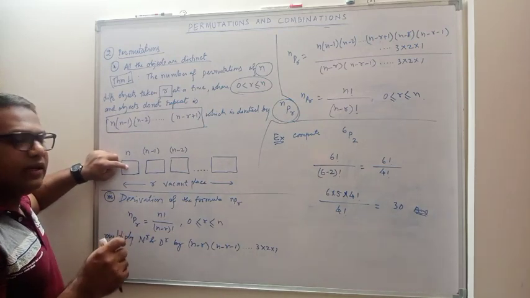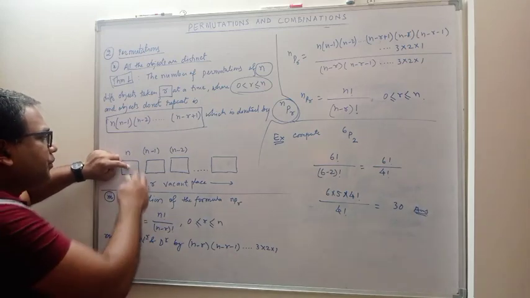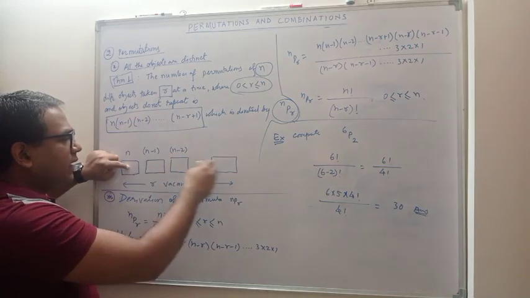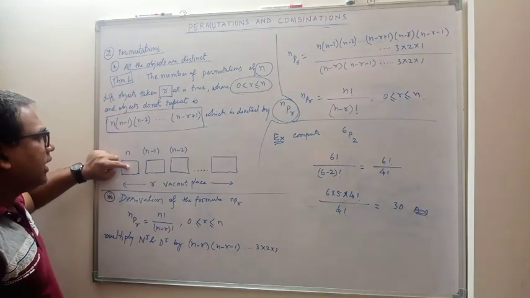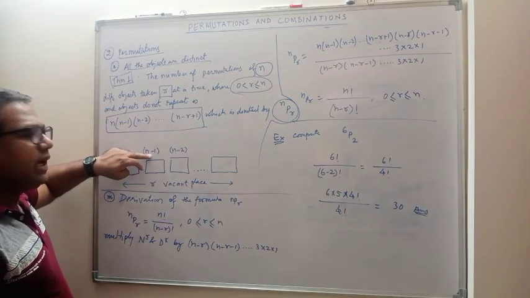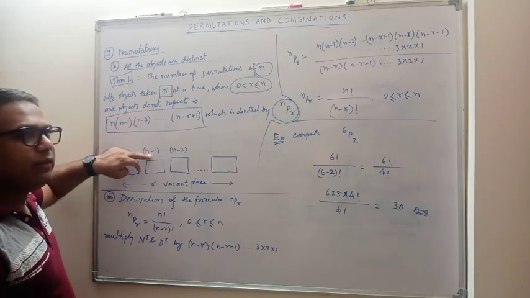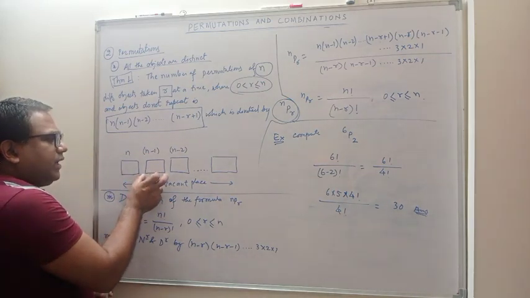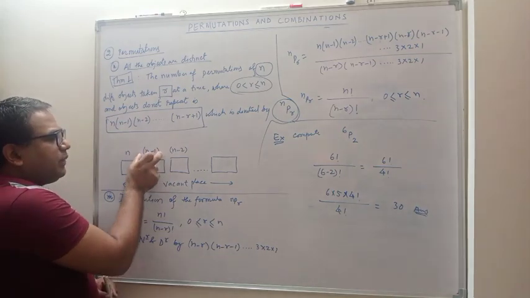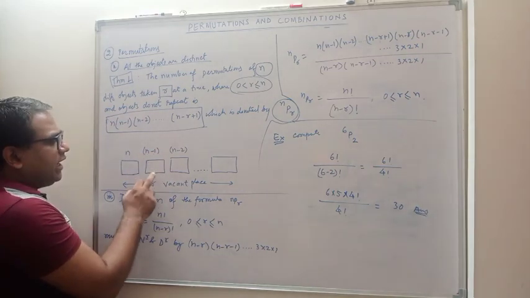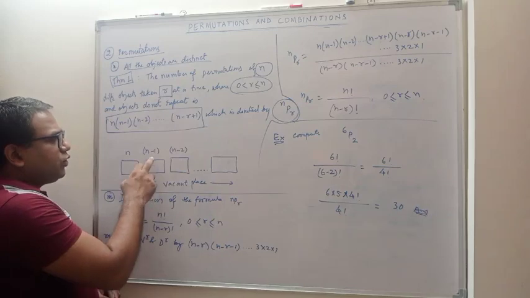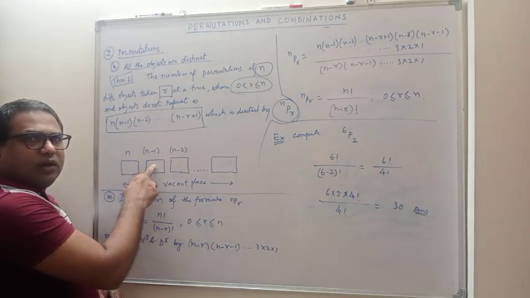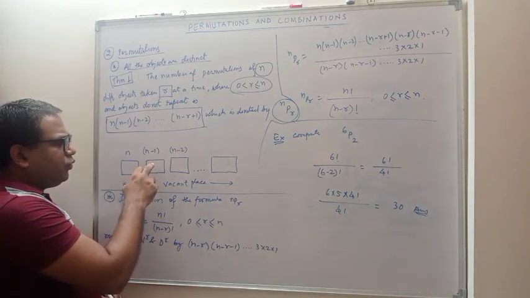So the remaining thing is this is filled, and there are r minus 1 vacant places, and I have n minus 1 objects. So I have n minus 1 options to fill this box. I'll fill one more, that is n minus 1 trials, and I'll put it here.